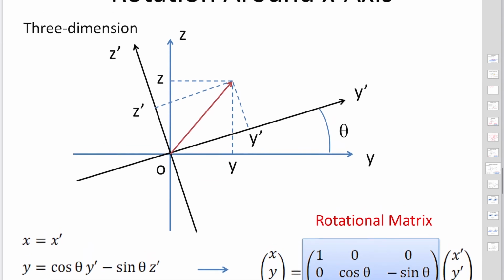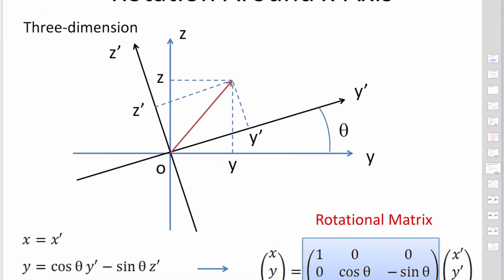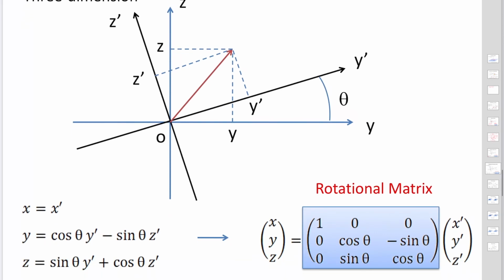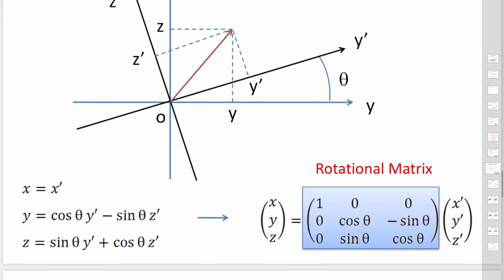First of all, we'd like to consider rotation around the x-axis. In the case of rotation around the x-axis, x doesn't change. Instead, y and z change. So we can change the rotation matrix in this way, giving a new rotation matrix.